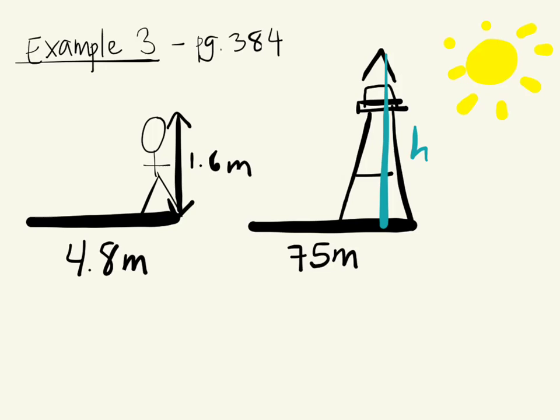Her height and her shadow have formed an imaginary right-angled triangle. We're going to use right-angled triangles to solve this, and we can draw a right-angled triangle of the height of the lighthouse and the shadow. So we're going to figure out which sides are proportional, and we're going to solve for h. Okay, so which sides are corresponding? 4.8 corresponds with 75.